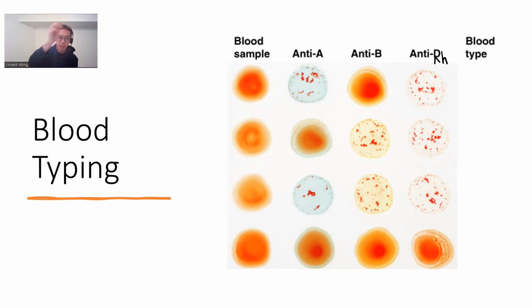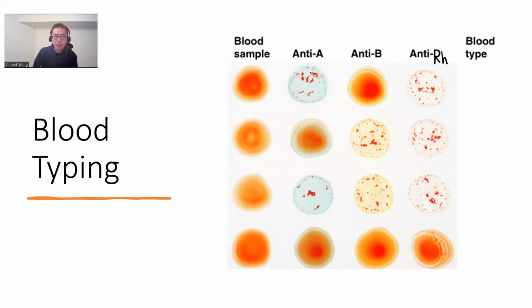What you do is take the blood sample and add it to each dish, and you want to see if the blood sample reacts with the antibodies in the dish. I showed you earlier, if antibody reacts with the RBC, you're going to have agglutination, clumping.